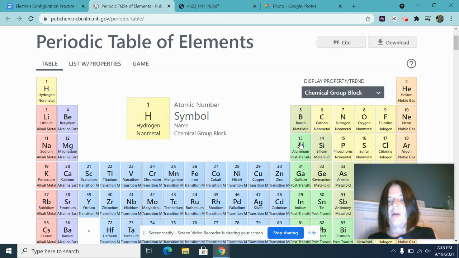All right, so we count 1, 2, 3, 4, 5, and chlorine is indeed the 5th element. So the idea that we stopped with 3p5 is one way to let us know that we did it correctly.